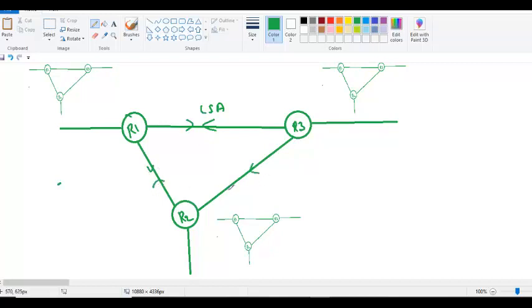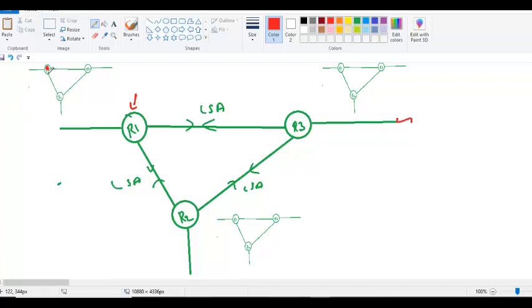Every router now understands the topology in memory. It has got a picture of the topology now. With the help of this picture, if R1 wants to go to this place, R1 says, okay, I'm here, I want to go here.